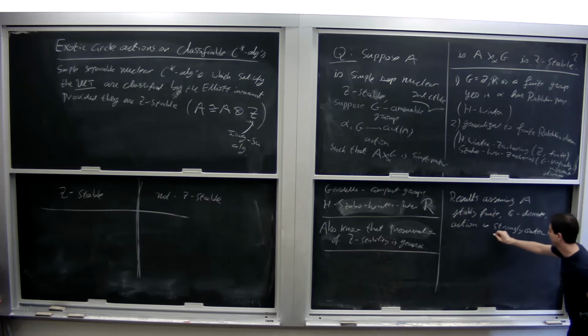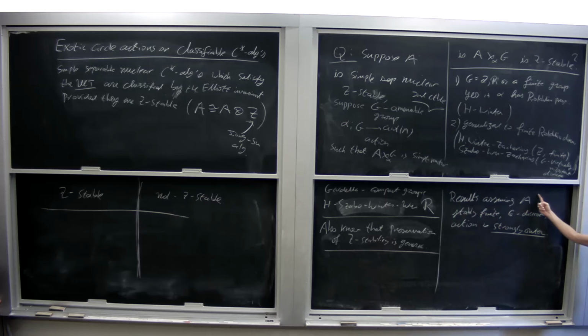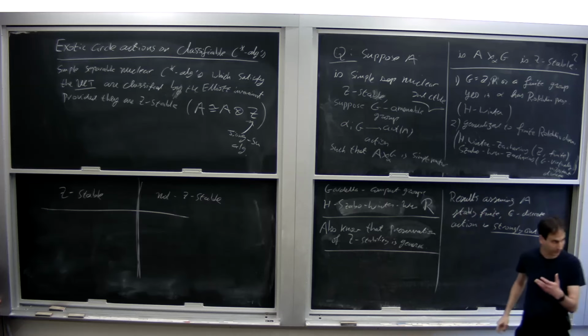Strongly outer means that whenever you take an invariant trace, you look at the GNS representation, you have an induced action on that von Neumann algebra.